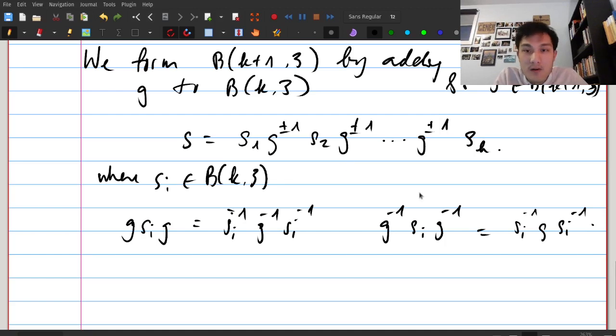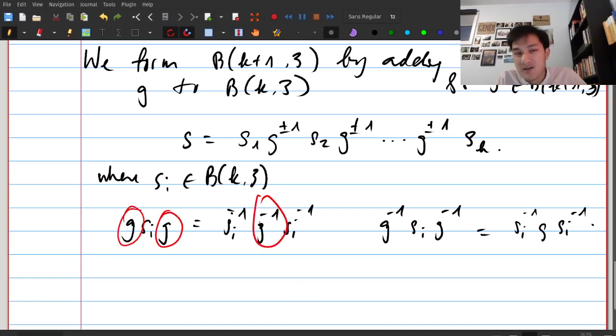Note that there are 2 g's here, and there's only 1 g here. So if the 2 adjacent g's have the same exponent, we can reduce the total number of g's in the expression by 1. The same on this side: 2 g's on this side, and only 1 g on that side.